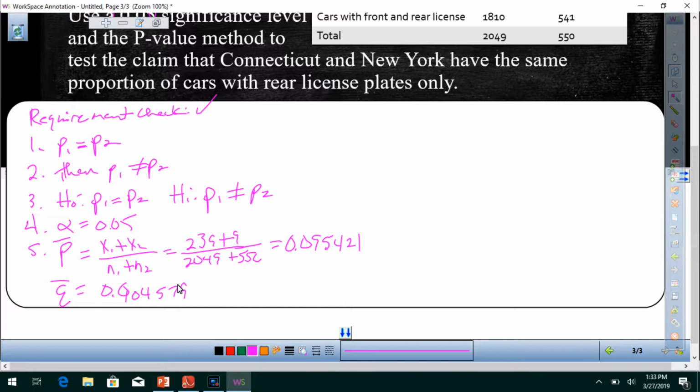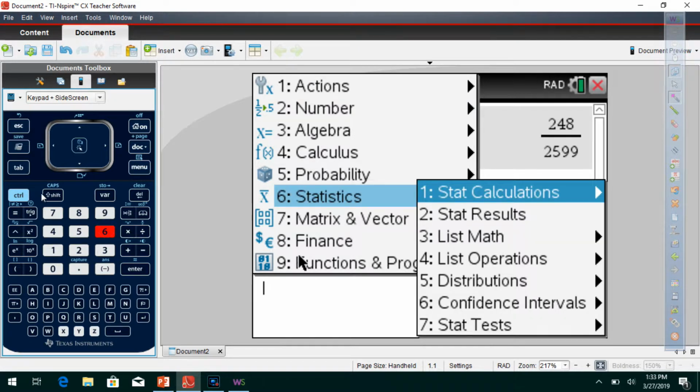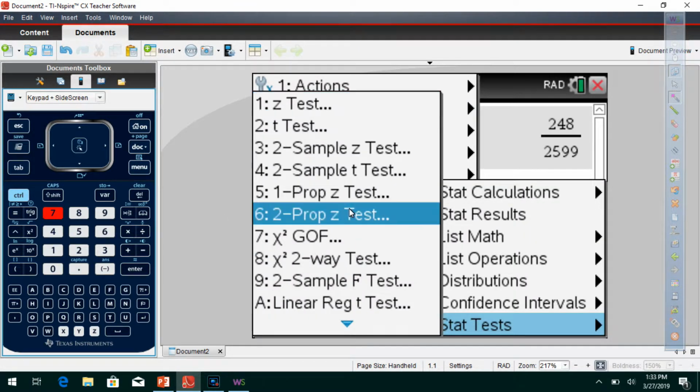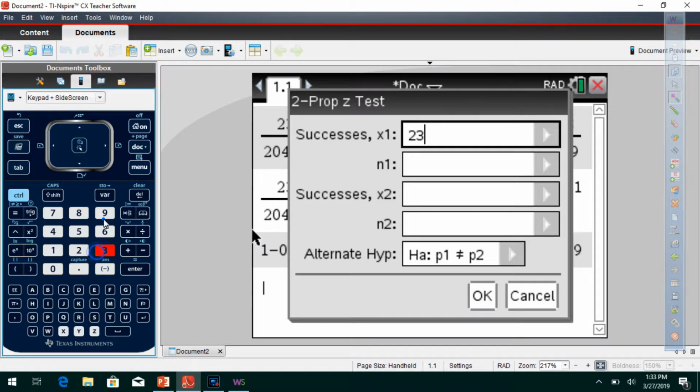Now, since we're going to do a p-value method, we're just going to do it in the calculator. All right. So we're going to go over here, menu, 6 for statistics, 7 for stat test, and then 2 proportion z-test, 6, and successes, 239 and 2049, and then here we got 9 and 550.